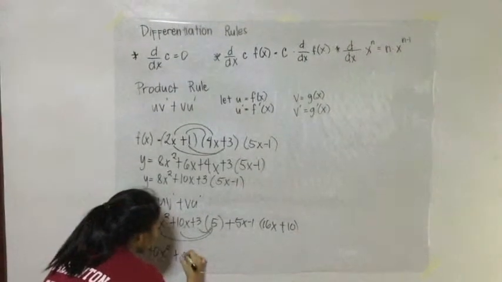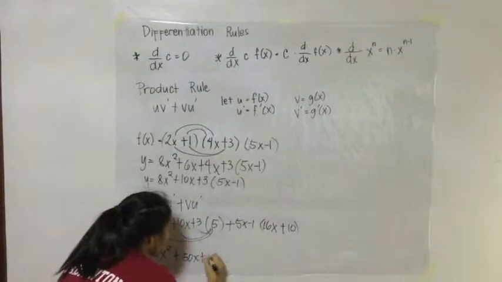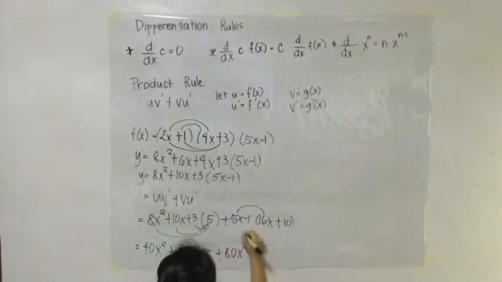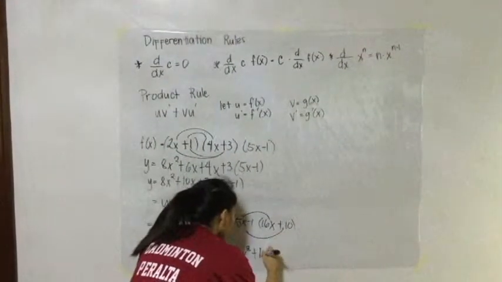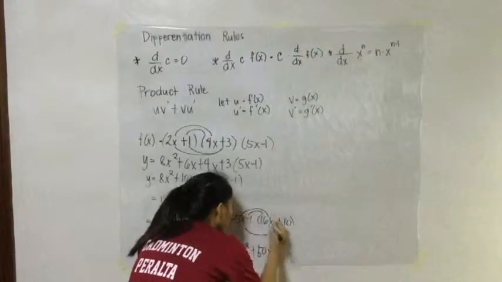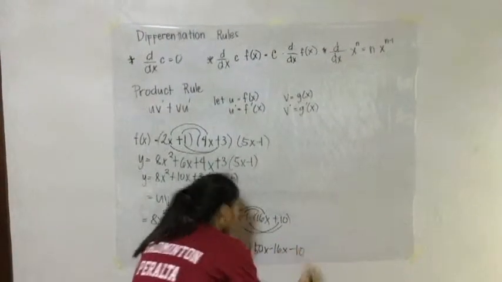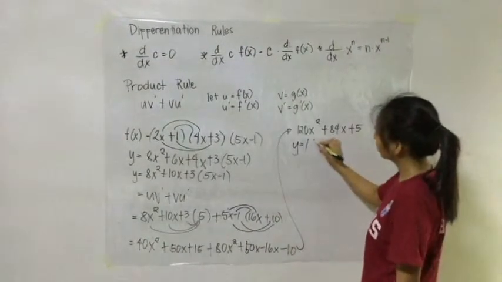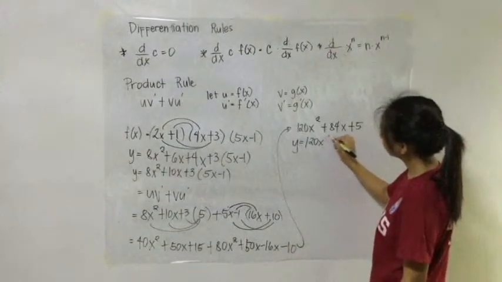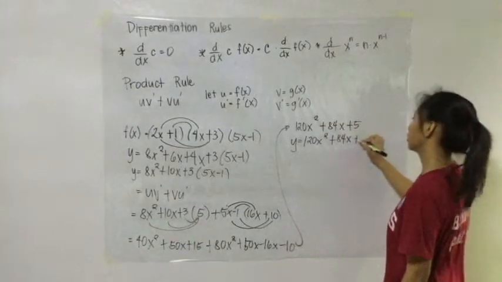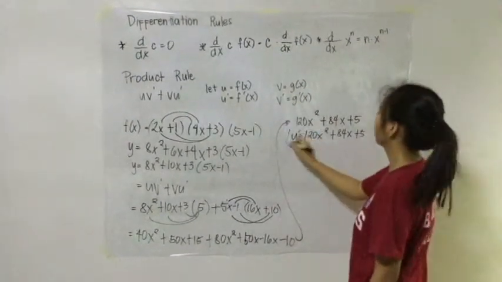Equals 40x squared plus 50x plus 15 plus 80x squared plus 50x minus 16x minus 10. Y prime is equal to 120x squared plus 84x plus 15.